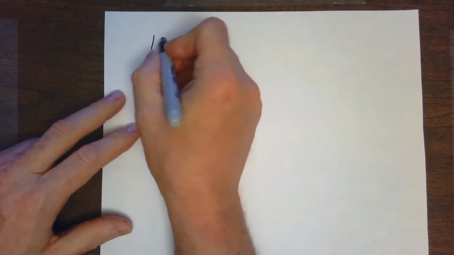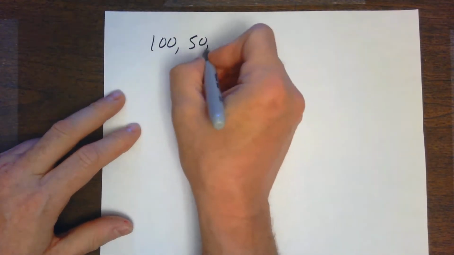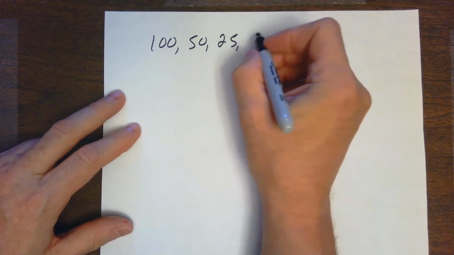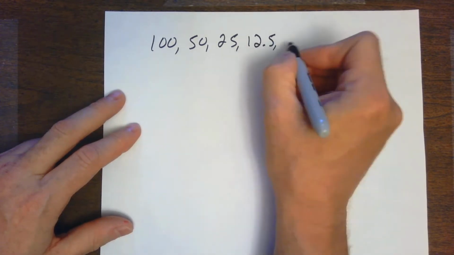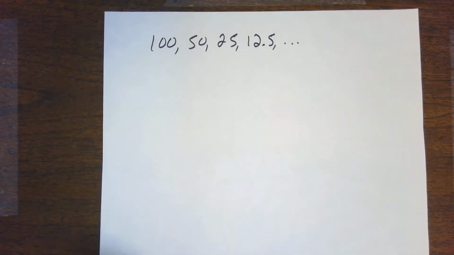All right, here's one for you to try. Suppose I have 100, 50, 25, 12.5, and so on. It is geometric. What is the common ratio? What do I multiply any number by to get the next number?